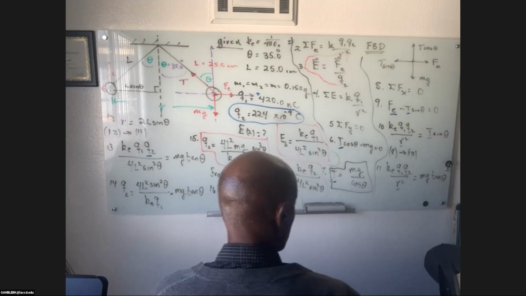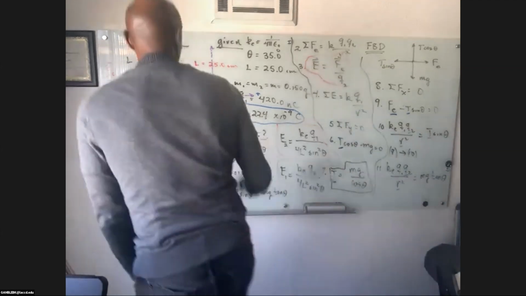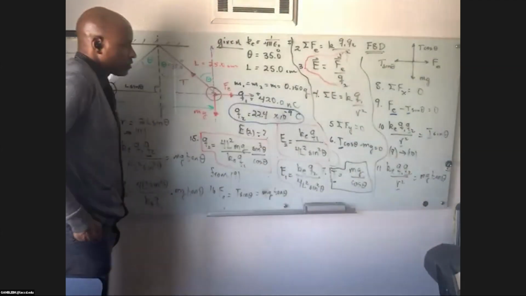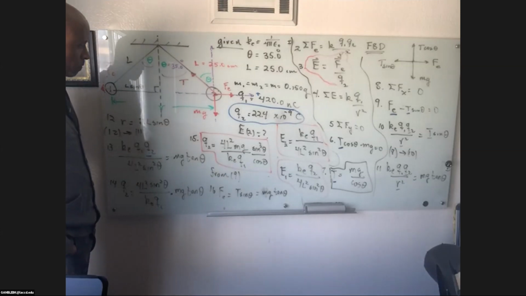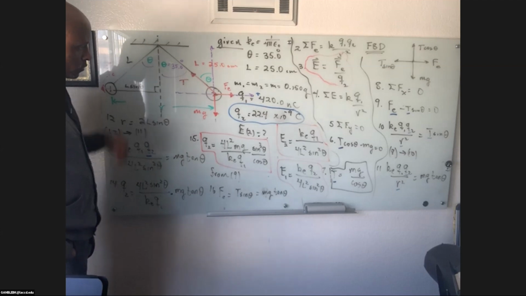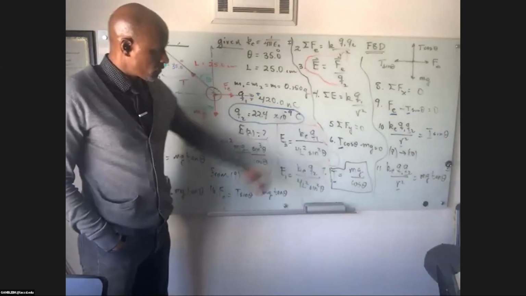Yeah. So I got this again. I think that's probably right: 22.4 nanocoulombs. Interesting. Now we can stick that in here to get the value of the field.